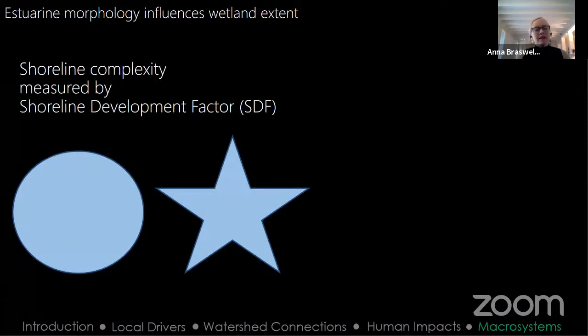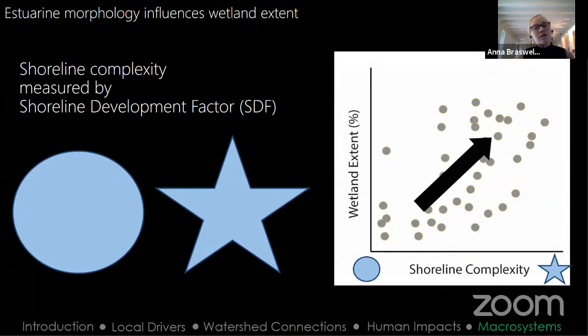Next, we looked at shoreline complexity. What I mean by that is that a circle can give you more fetch than a star, where you have less fetch if you draw a straight line through it. So we expect that with more complex, more star-like shapes, you would get increasing wetland extent because you just can't build up the same fetch that you can with a circle.